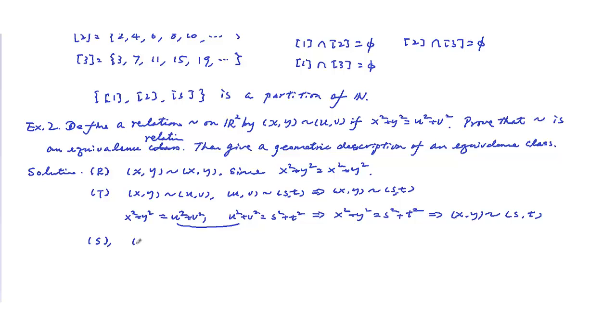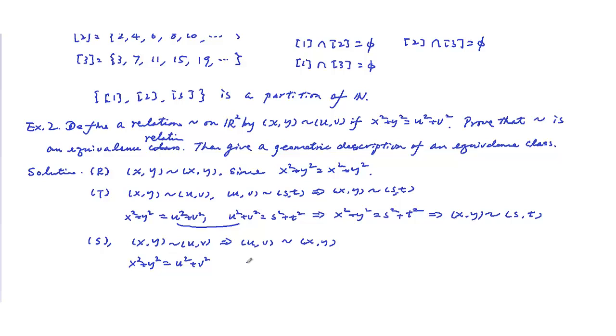And let's look at symmetric. (x,y) is related to (u,v). We need to show (u,v) is related to (x,y). By definition, (x,y) related to (u,v) means x squared plus y squared equals u squared plus v squared.